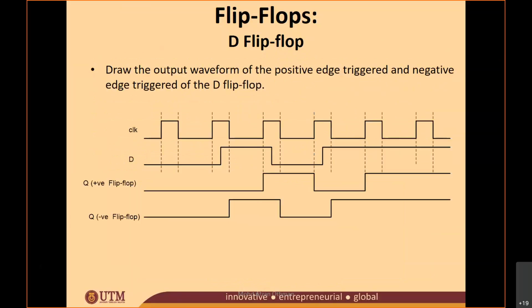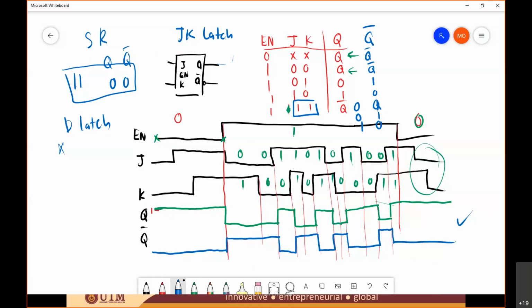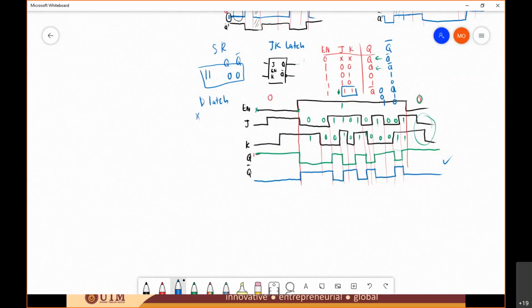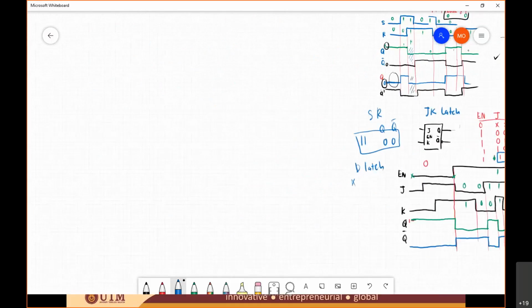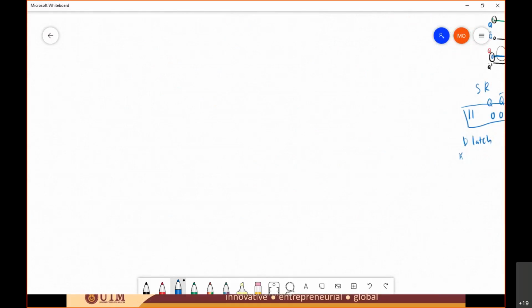Okay, saya lukis yang ni tak berapa cantik, saya lukis dekat whiteboard. Okay, kamu ada, this is your flip-flop.